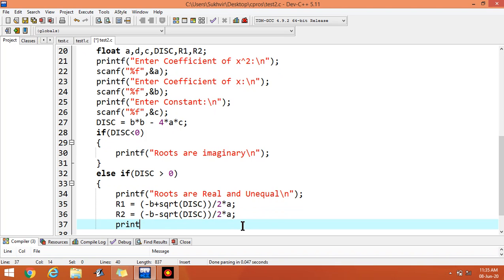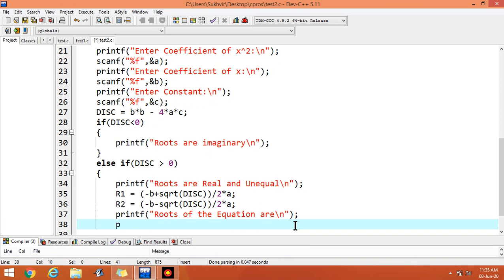Now print roots of the equation are. Printf first root percentage point 2f, then r1, and you can write a new line here.